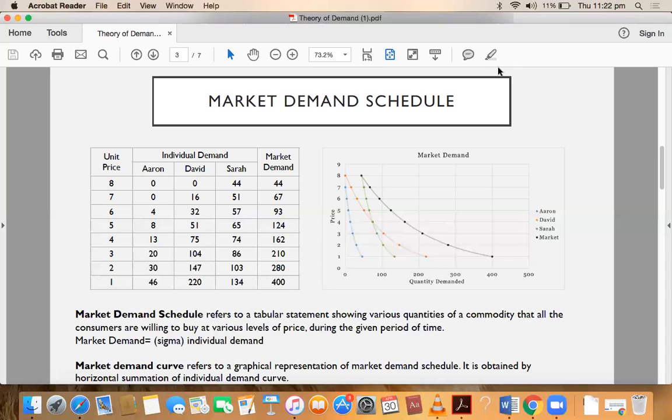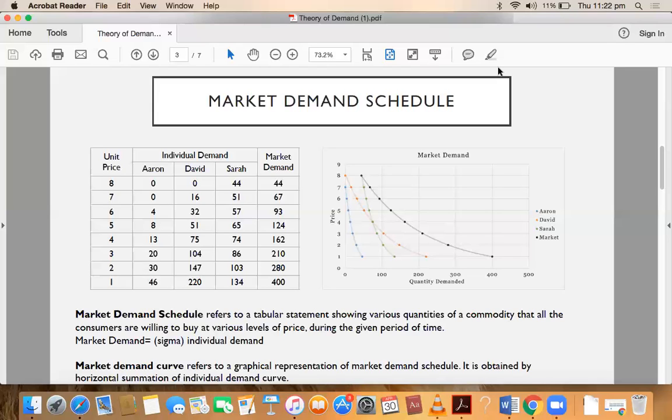David's demand curve is shown in orange color, and at the price of rupees 1, David's demand is 220, which is plotted on the side of the x-axis.